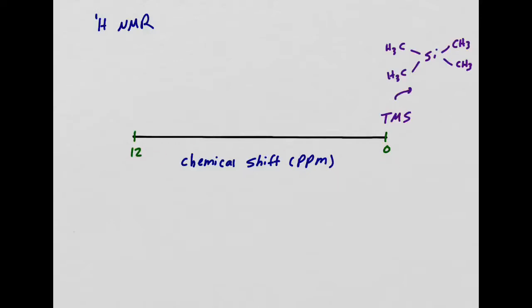Now, as you go from 0 to 12, when you're more on this side, we call this part upfield. And when your ppm gets larger and larger, we call this part downfield. So when we talk about it, we say, look at the upfield region, look at the downfield region.